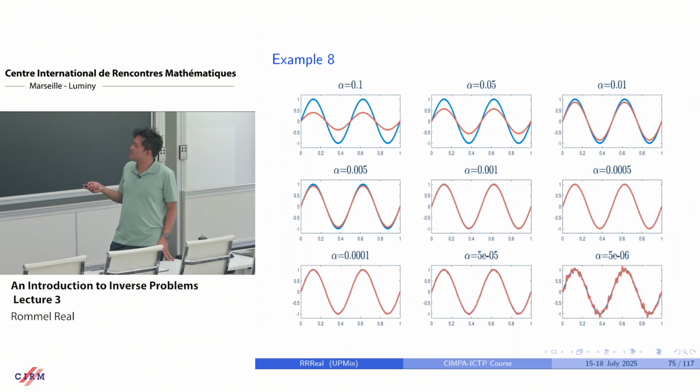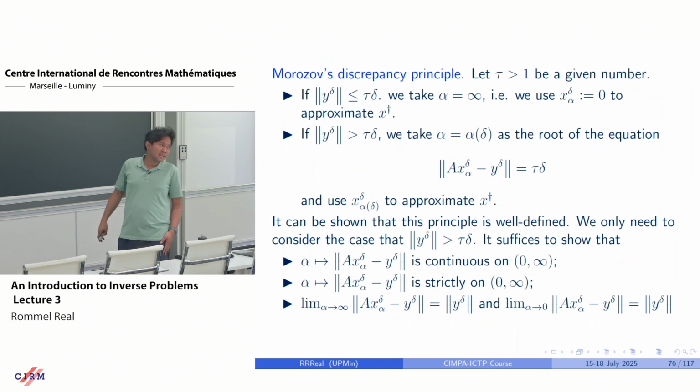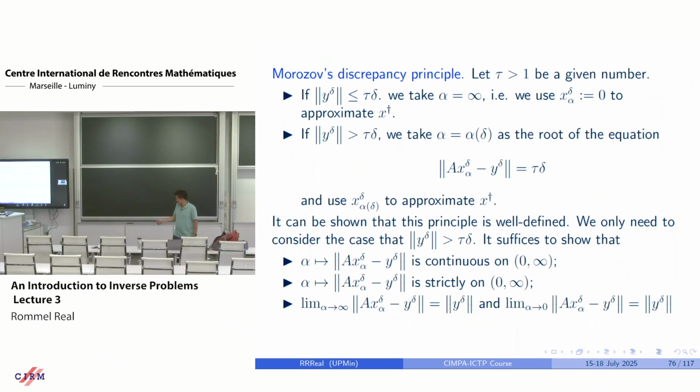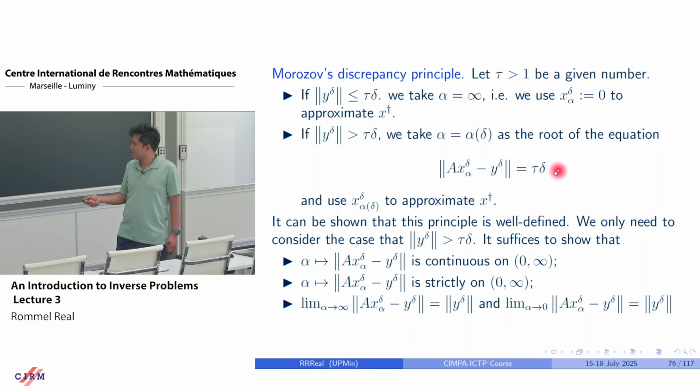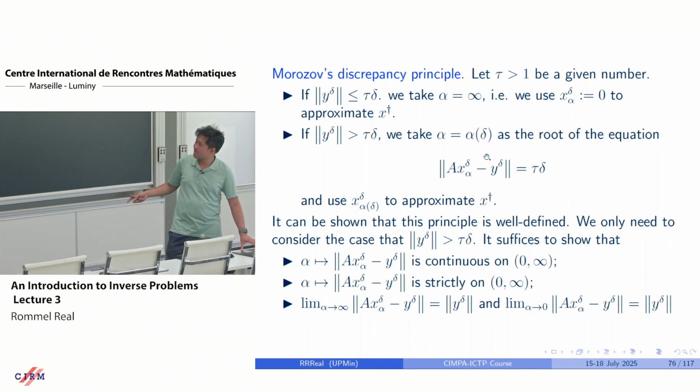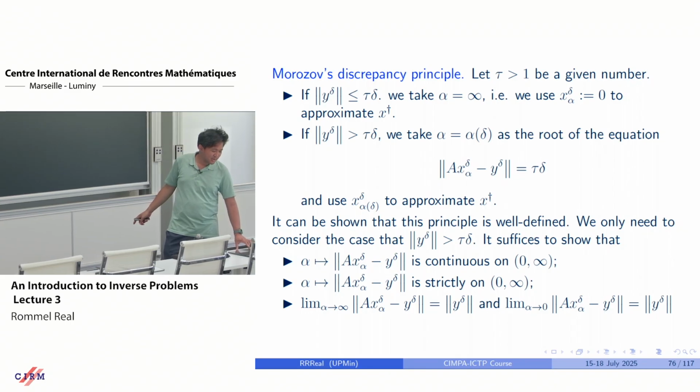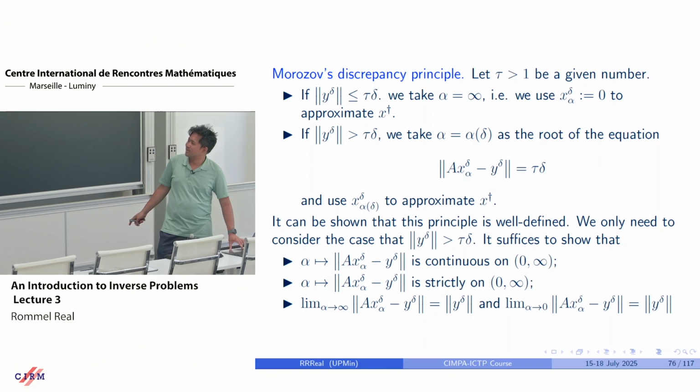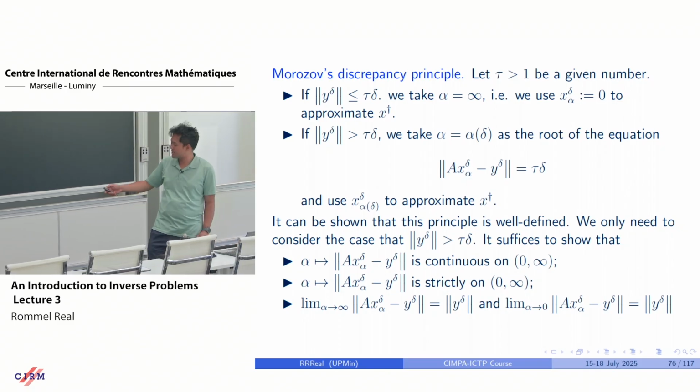So we need to solve for the minimizer in a stable way, and to do that, we need to set a rule in choosing the regularization parameter alpha, and the most well-studied is the discrepancy principle by Morozov, which takes the parameter alpha as the root of this equation, which tells us that we take the x sub alpha of delta as our approximate solution when the residual at that solution is already close to the provided value of the noise level.